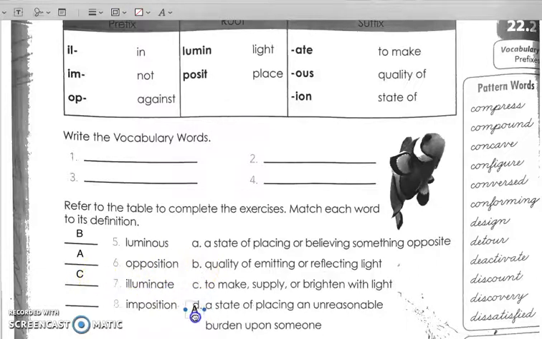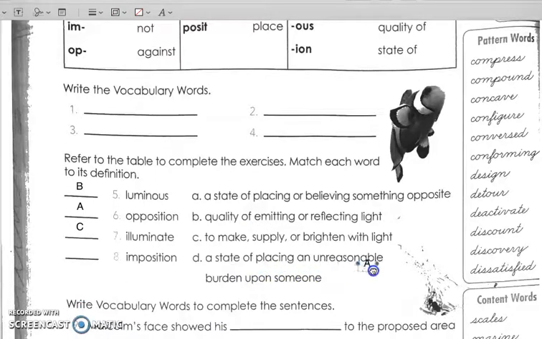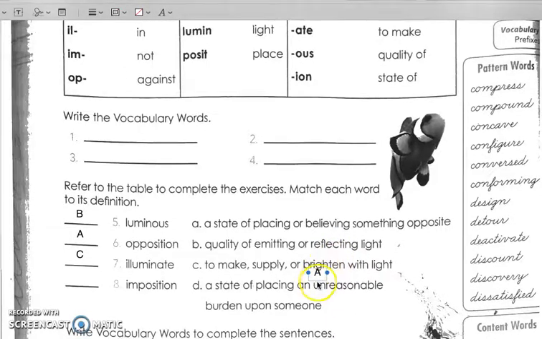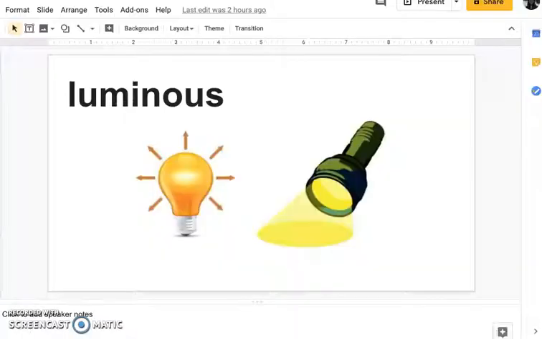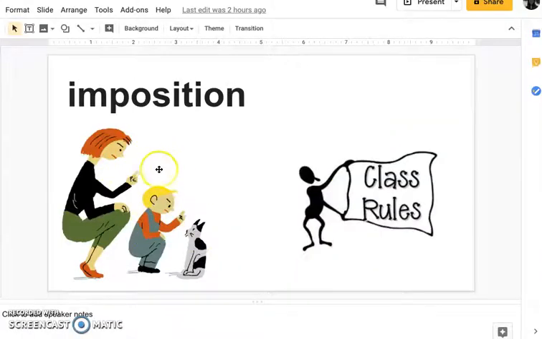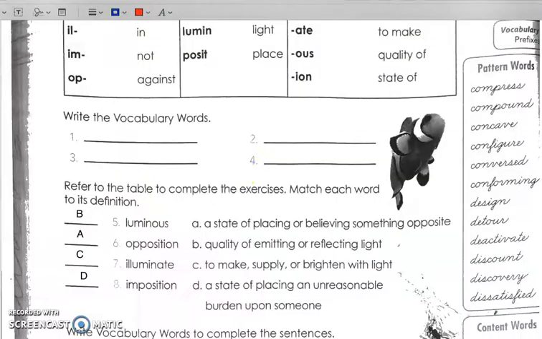And lastly, a state of placing an unreasonable burden upon someone. So to put a burden, placing a burden is imposition. D. In here, these guys are placing a lot of burdens and troubles into this cat.